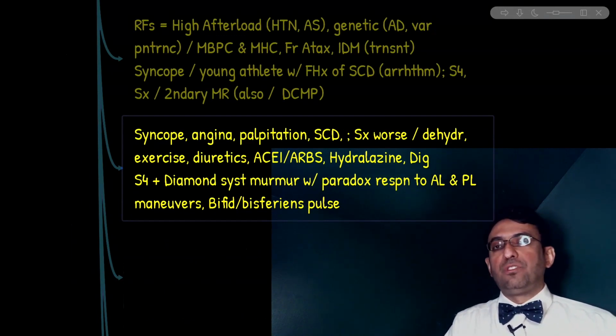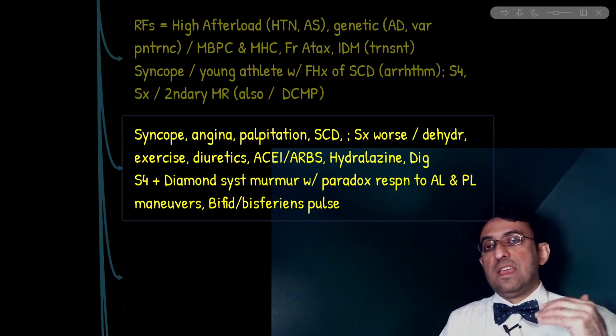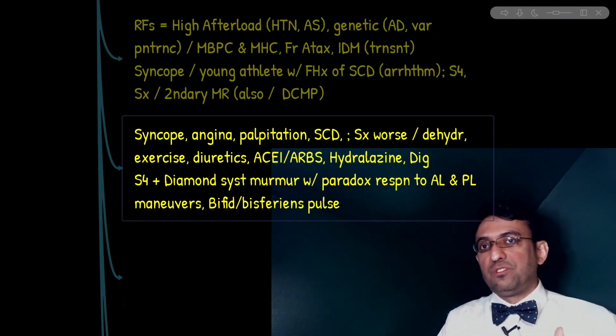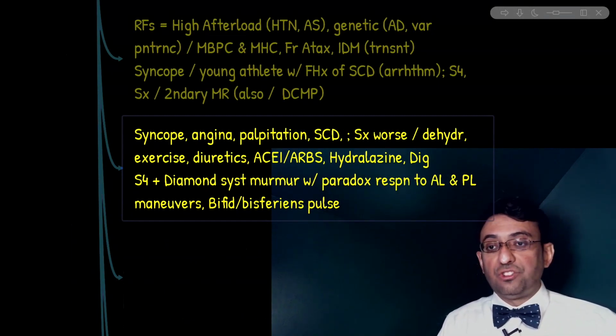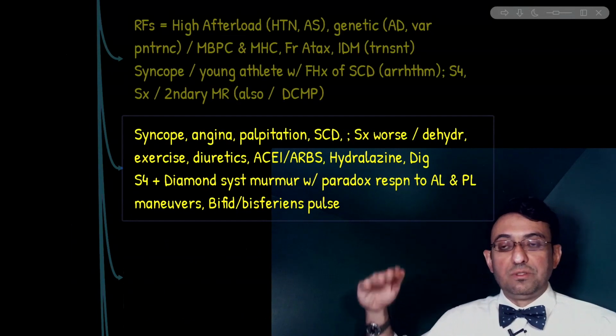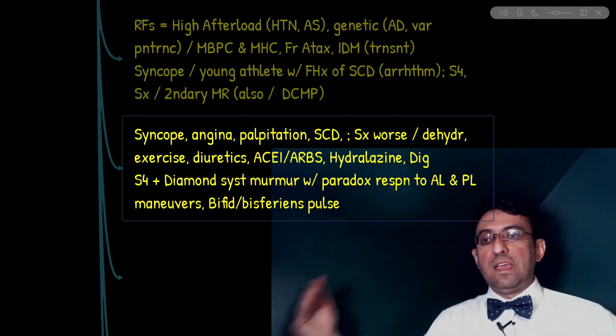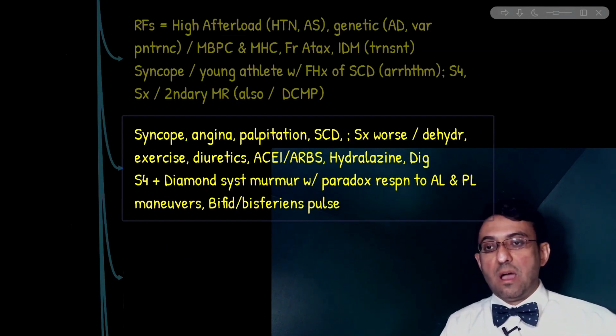So what are the exceptions? The exception of paradoxical response to afterload maneuvers is aortic stenosis. Aortic stenosis responds to preload maneuvers such as Valsalva, leg raise, diuretics, IV injection, following the default rule. Increased preload increases the murmur intensity, decreased preload decreases the murmur intensity. However, aortic stenosis responds paradoxically to afterload maneuvers such as hand grip and amyl nitrate.